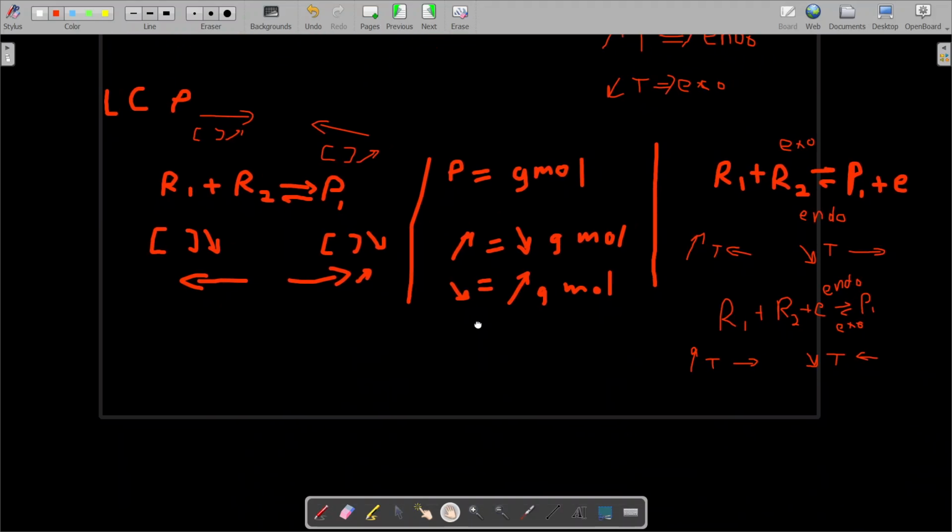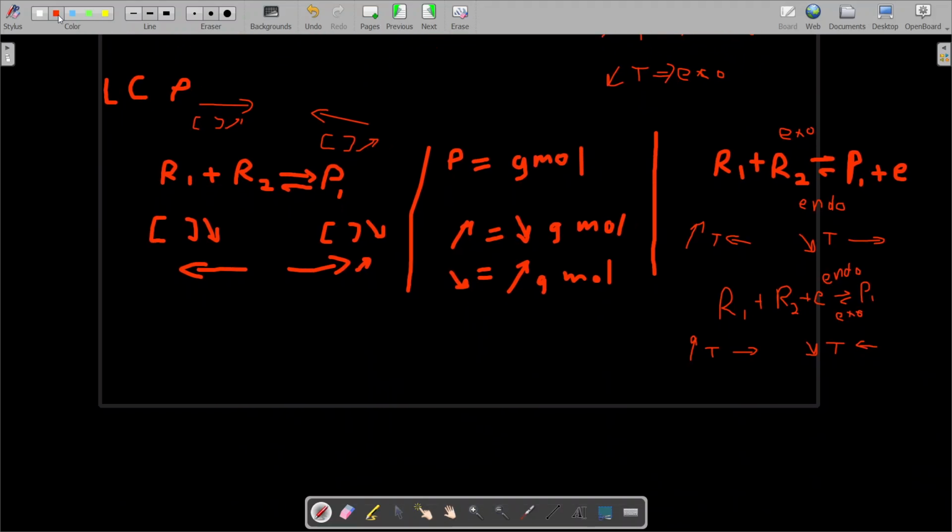And now I just need to add like 2 more points and we're gonna be done. In adding a catalyst, when you add a catalyst, it's not gonna favor anyone.